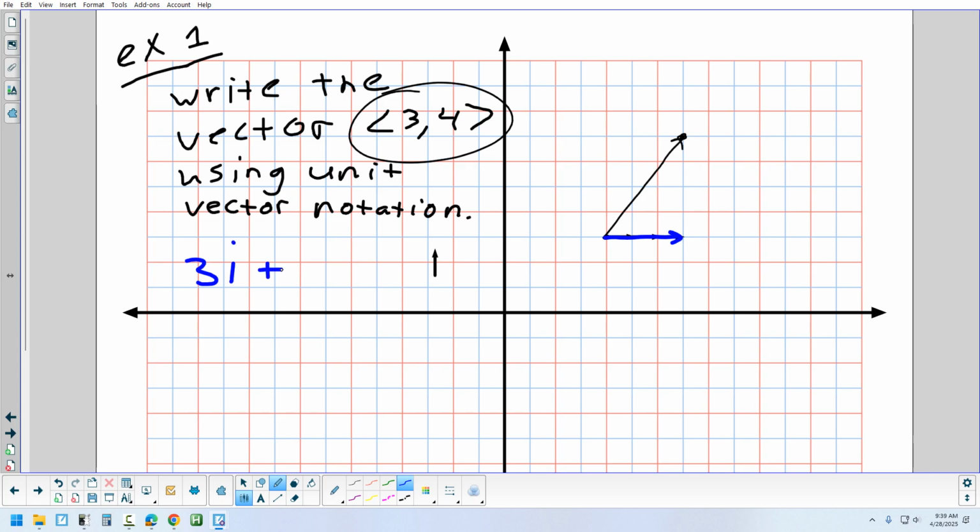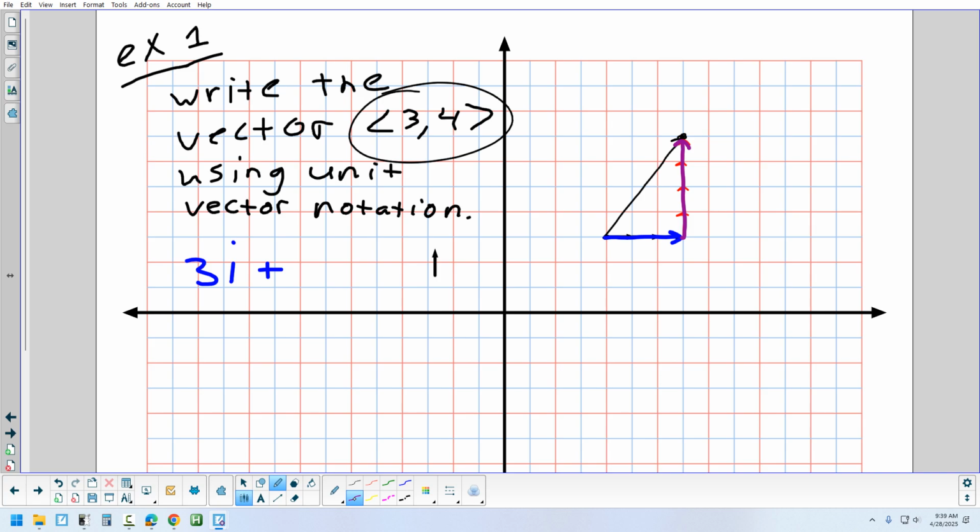That's the first part of the notation when you're writing it as a unit vector. It's 3 i's stacked together. And then how many j's do I need? 4. I'm just going to draw them by hand this time. So there's one of them, 2, 3, 4. So now, going up, I have this vector. What is that vector in purple?